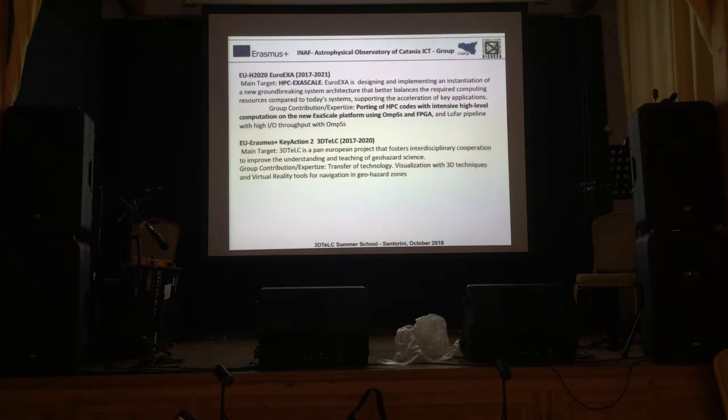Myself, personally, I am involved in EuroExa. That is an exascale project to create the HPC of the future that will use the roadmap of the exascale funded by the European Union, and I am porting the HPC codes that we use for the Gaia projects. It's another important project, on ARM and FPGA, the new frontiers of HPC in the next few years.